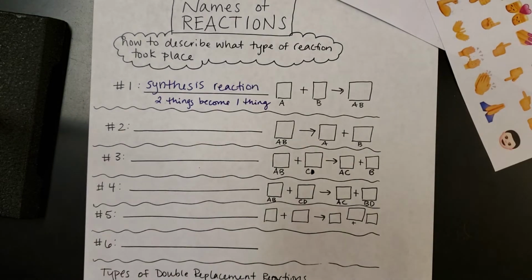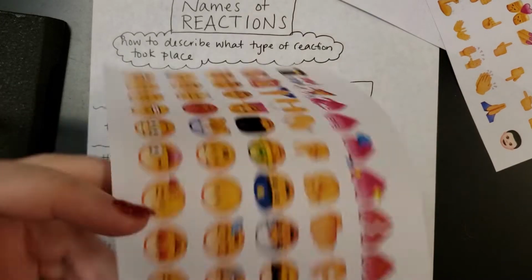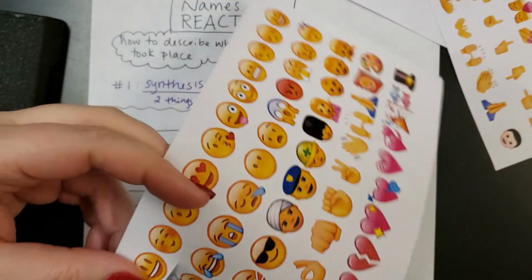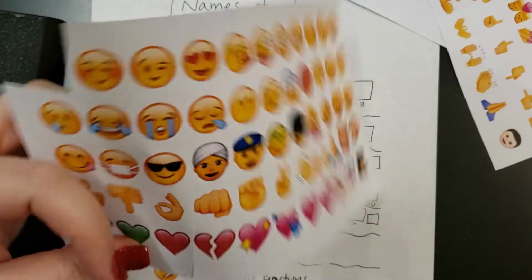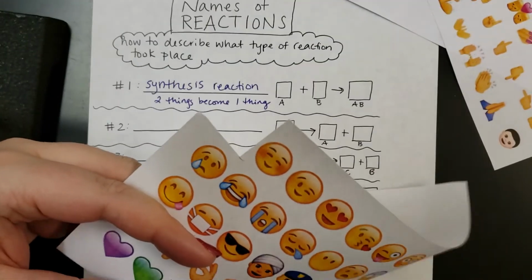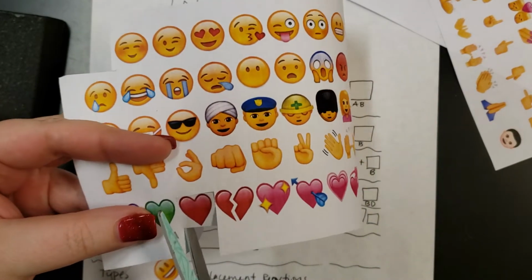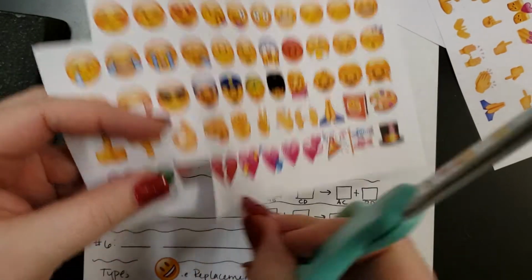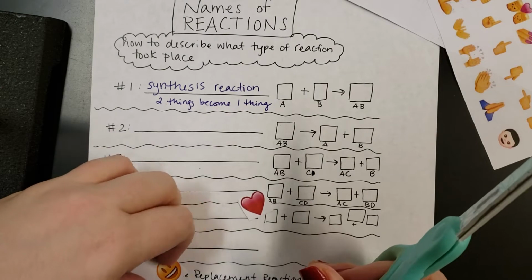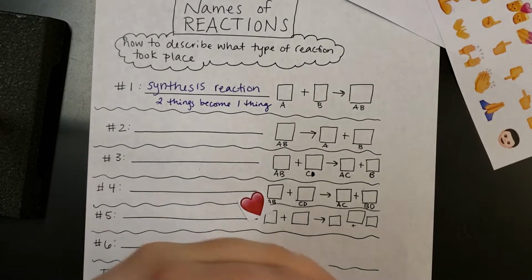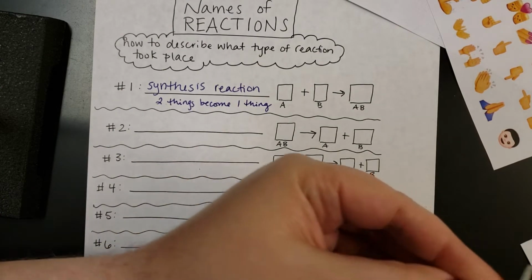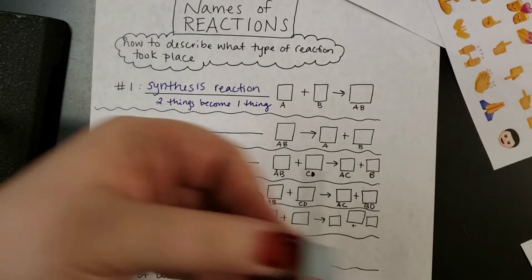So for instance, I'm going to pick a happy face, and I'm going to pick a heart. These are my reactants, so a happy face and a heart. Again, if you don't have these ones, pick something different. It's totally fine.